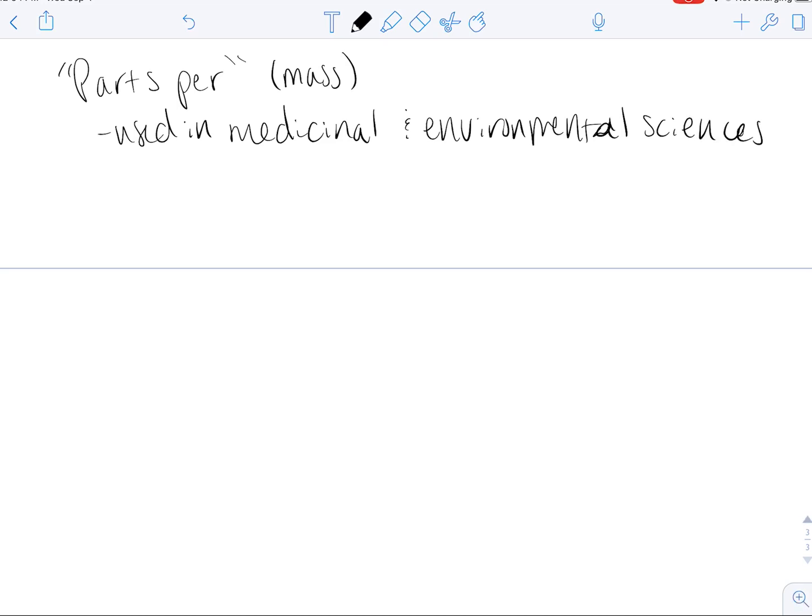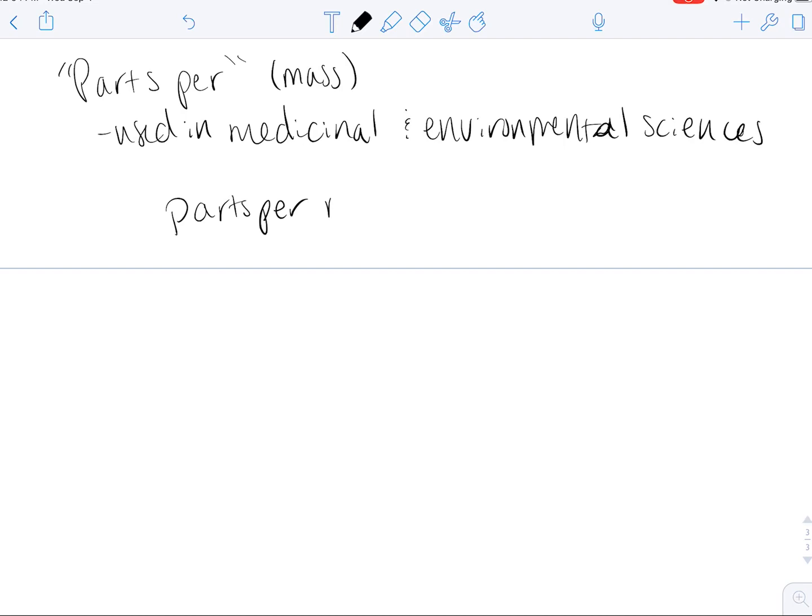Okay, so here we're going to look at both parts per million and parts per billion. But you could do parts per anything. You do parts per 100, parts per 1,000, parts per trillion, whatever you want to do.